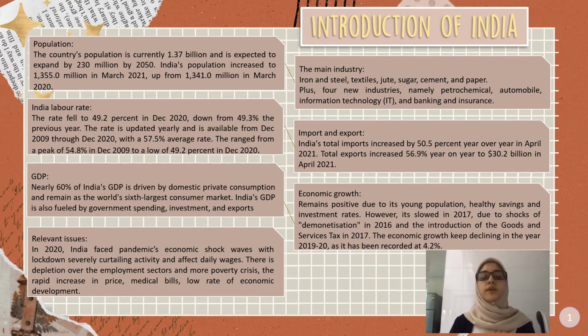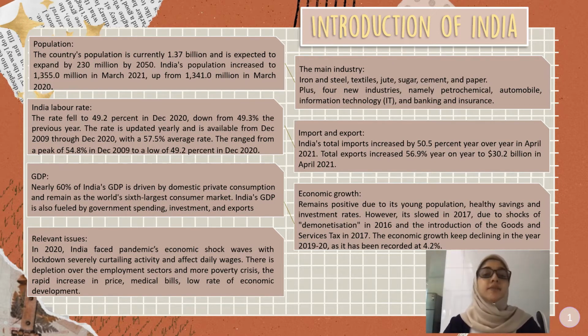From a growth rate of 8.3% in 2016, the GDP expansion dipped to 7% and 6.1% in the following 2 years. Economic growth kept declining in 2019 to 2020, recorded at 4.2%.